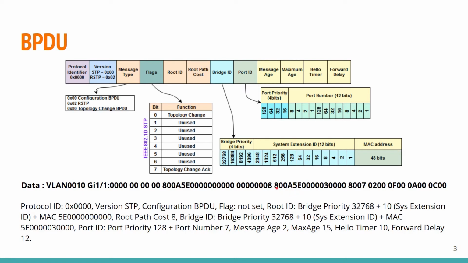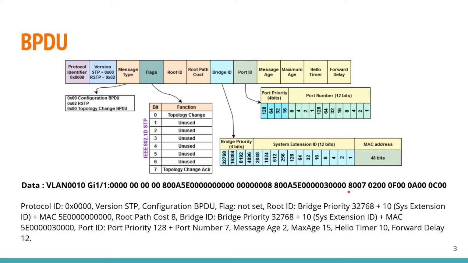And we can see that 8, the same bridge priority, corresponds to 32,768 because I left all priorities by default. A is our VLAN 10, and then we have the MAC address of our designated bridge, which is 5E00003000.